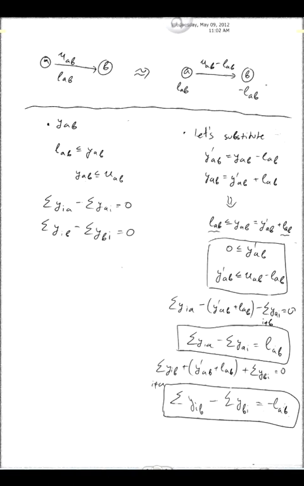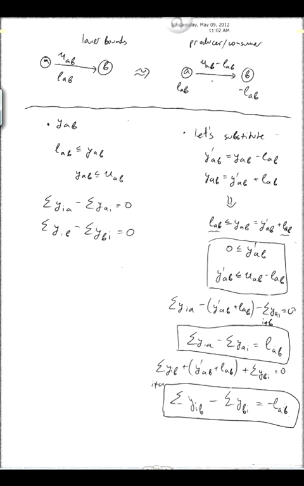So the idea is that we took our lower bound problem and converted it into a producer-consumer problem. This was lower bounds, and this is now just a regular old producer-consumer problem.